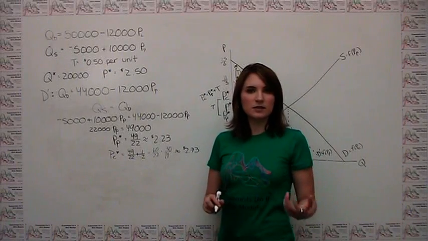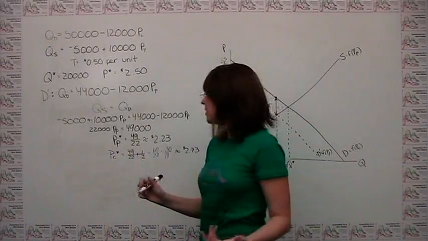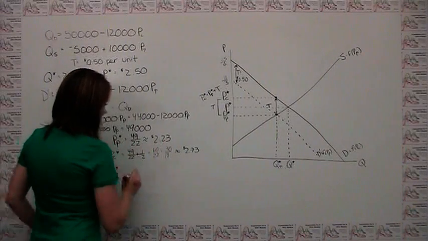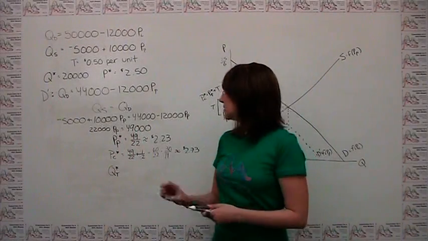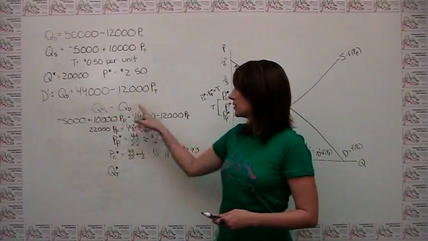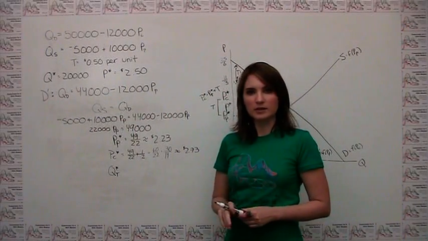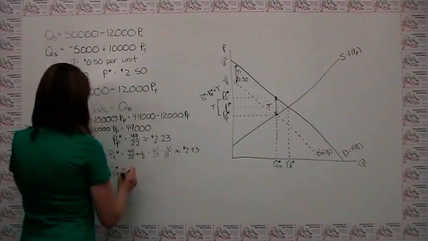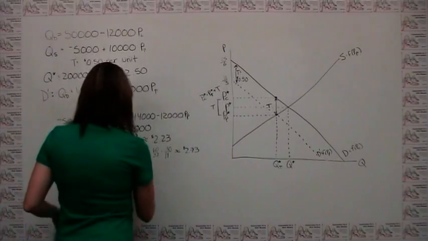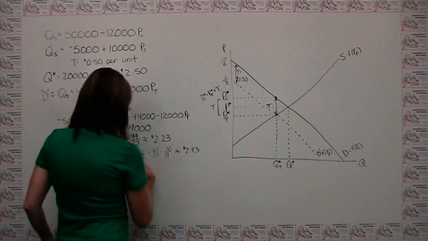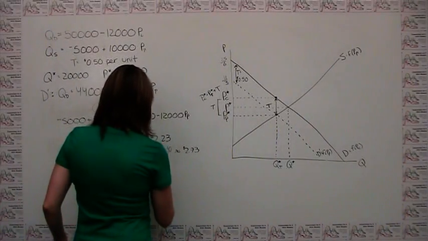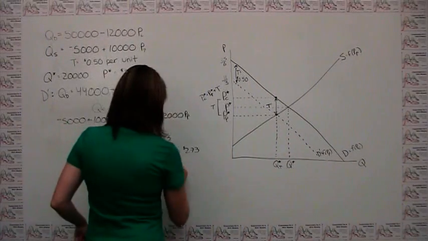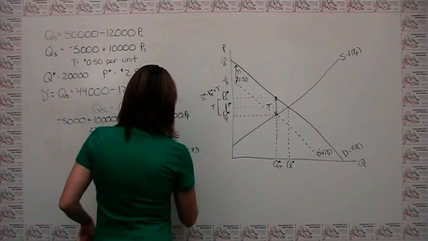So the last thing we do is we solve for the equilibrium quantity. And we can do that by plugging the price into either the relevant supply or demand equation. So we can say that the quantity, I'll just take the supply one, is equal to negative 5,000 plus 10,000 times this 49 over 22.